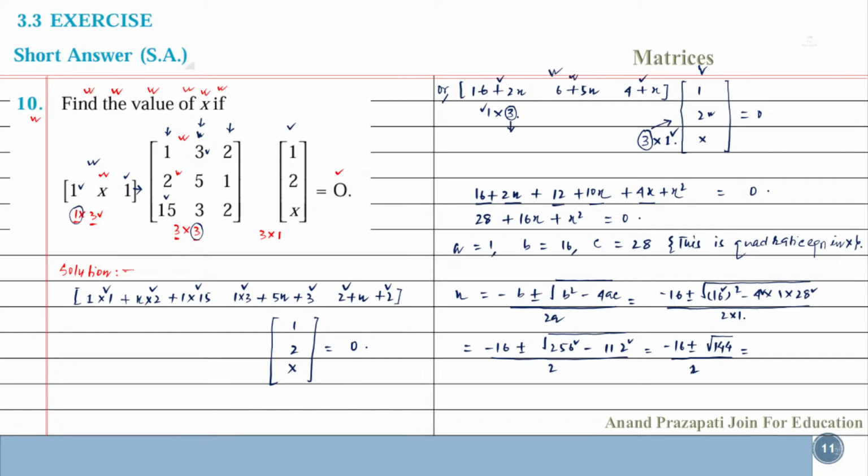So next step here will be minus 16 plus minus the square root of 144, which is 12, over 2. So here x equal to minus 16 plus 12 equal to minus 4 by 2, or minus 16 minus 12 equal to minus 28 by 2.